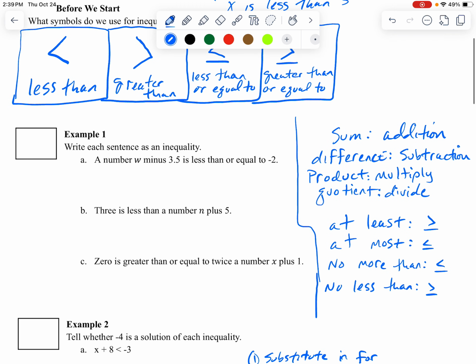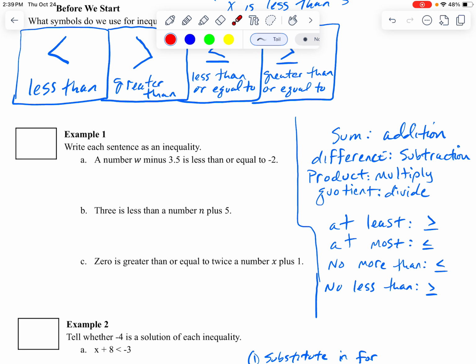Some things to note: the wording in some of these can be a place of challenge for students. If we talk about the sum of 2 numbers, we're talking about addition. The difference of 2 numbers is subtraction. The product of 2 numbers means we're multiplying them, and the quotient of 2 numbers means that we are dividing them. In some of our practice problems, you'll see that wording.